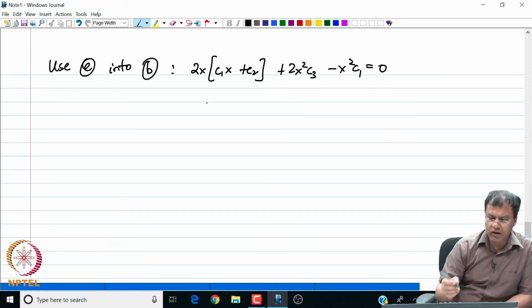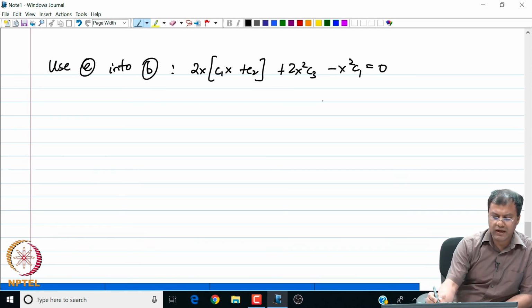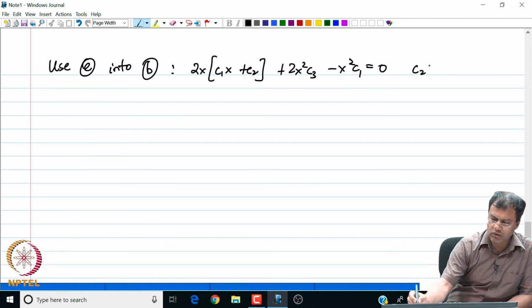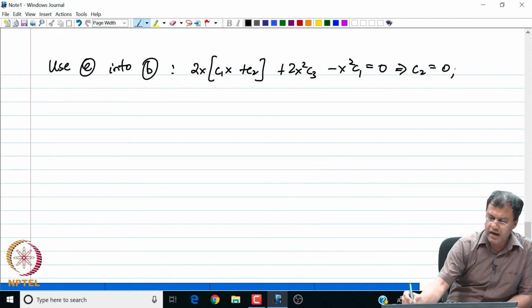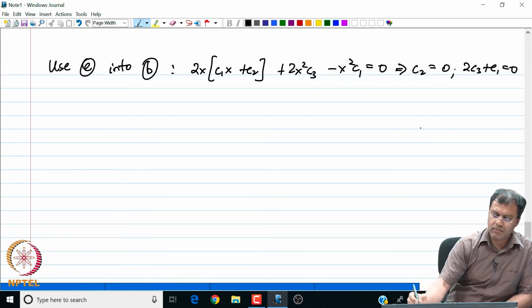From here, equating the various powers of x, I get two relations: C2 is equal to 0, and 2 C3 plus C1 is equal to 0.